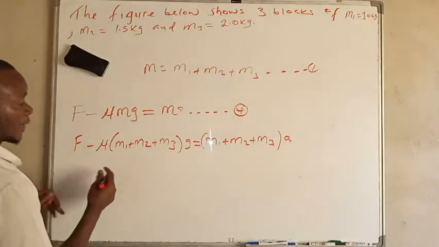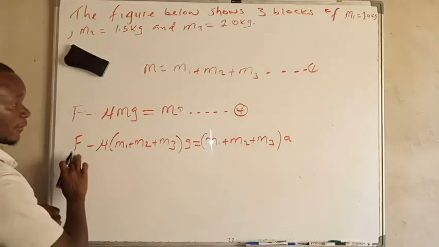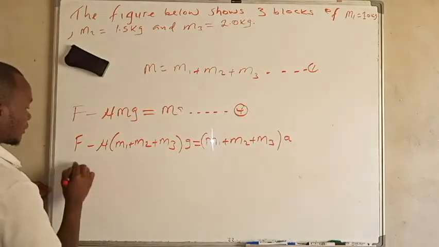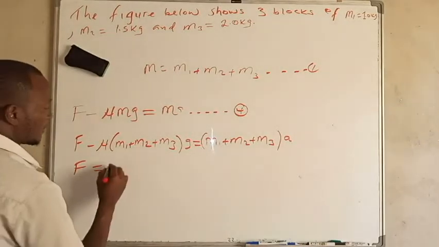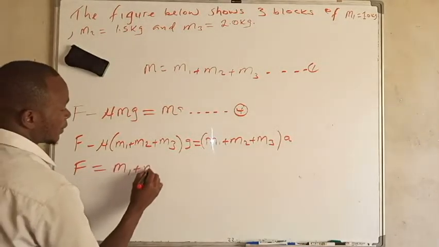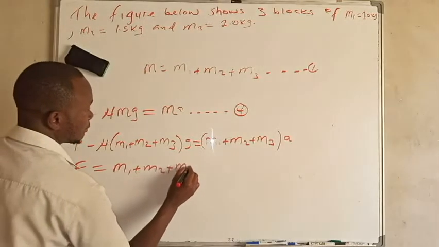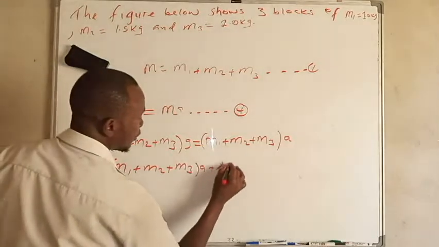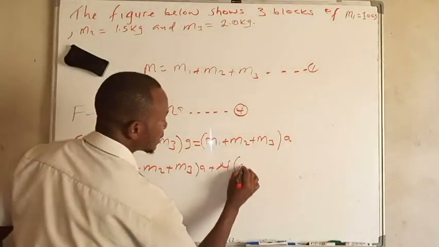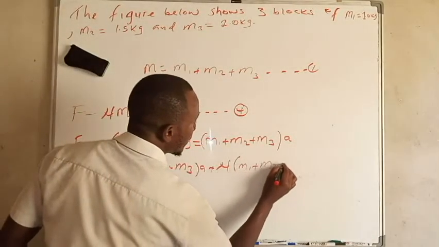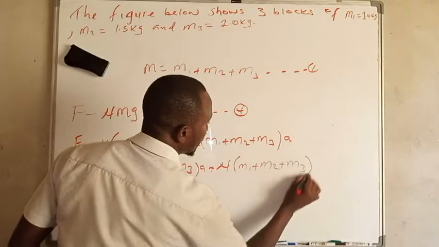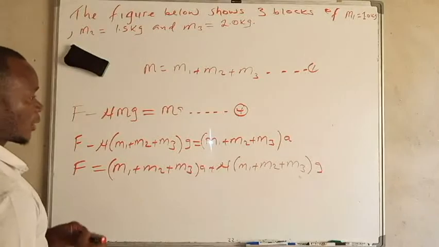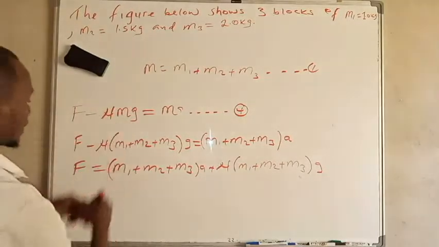Since we want to find the value of F, the friction term crosses the equal sign so that it becomes positive. So F equals (M1 plus M2 plus M3) a plus mu, the coefficient of kinetic friction, times (M1 plus M2 plus M3) times g. Now we just need to plug in the values.